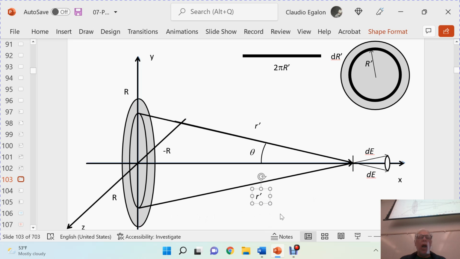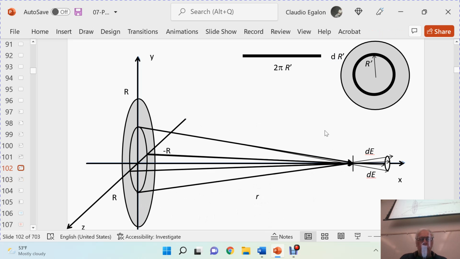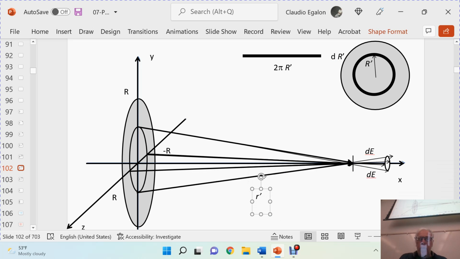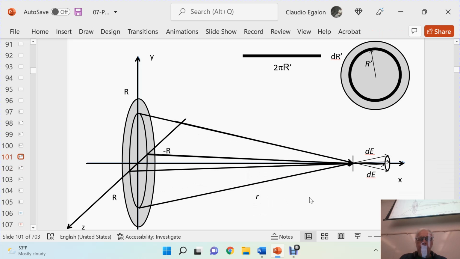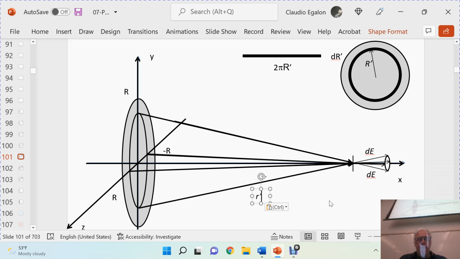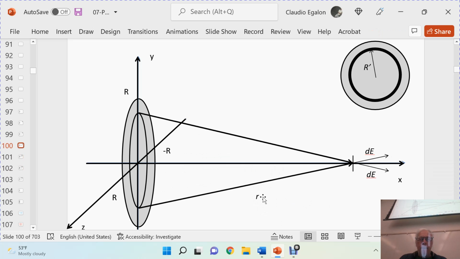The lowercase r is the distance from the origin to the point where you're calculating. That's the distinction between those two coordinates. Don't forget, you have to come up with a good notation every time you try to solve a problem.